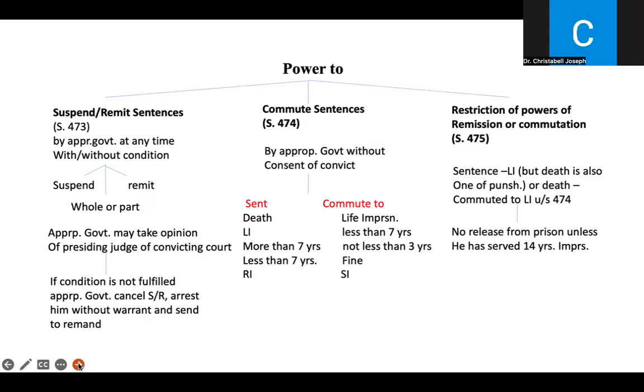The cases are where a sentence of life imprisonment is imposed on the convicted person, but death is also one of the punishments, or the accused was convicted for death, but the appropriate government commuted the death sentence to life imprisonment under section 474 of the BNSS. In such cases, he shall not be released from prison unless he has served at least 14 years of imprisonment. That means the convicted person should not be released from prison unless and until he has served a minimum of 14 years of imprisonment.